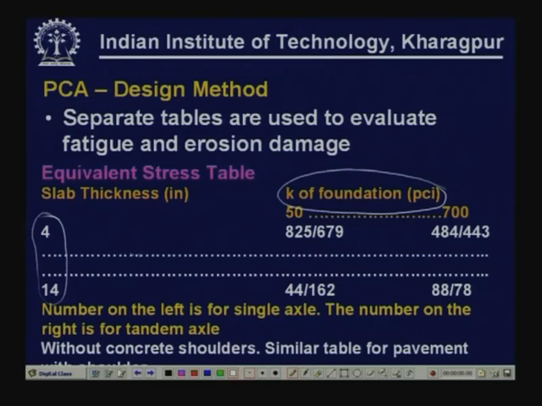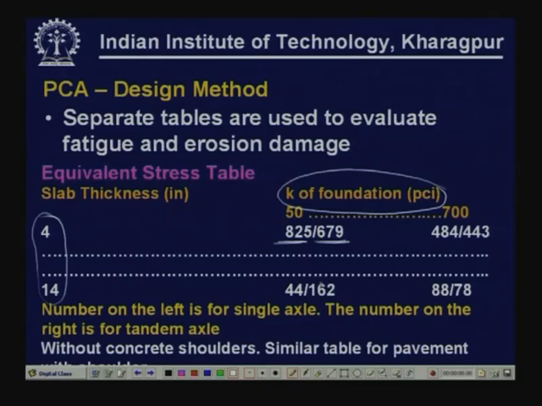For example, for 4 inches and for a K value of 50, 825 and 679 are the values that are available, whereas 825 is the equivalent stress for single axle and 679 is an equivalent stress parameter for a tandem axle.